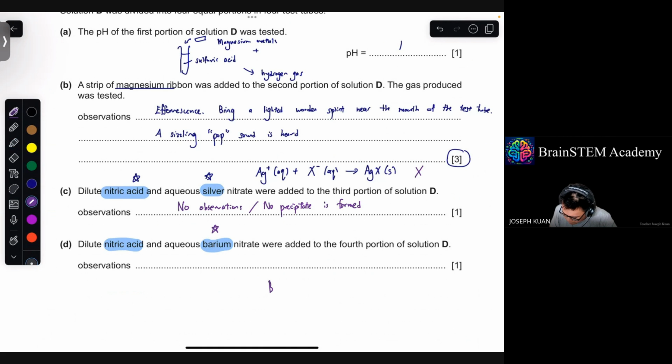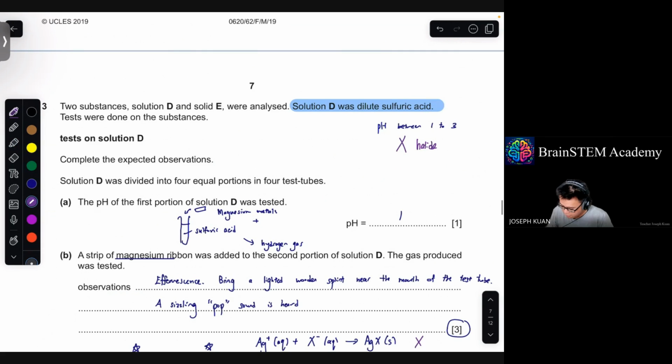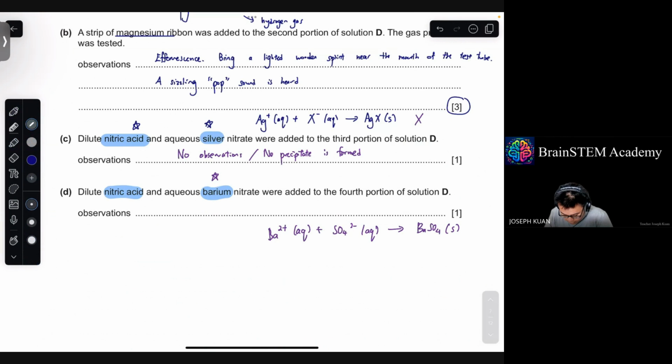Whenever you see the word barium, you should think of it as the test for sulfate ions because it reacts with sulfate ions to form barium sulfate, which is a white precipitate. In fact, sulfuric acid does have sulfate ions in it, which means that this reaction will occur, and hence you will form a white precipitate.